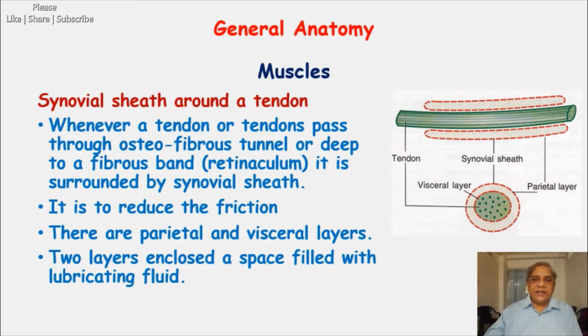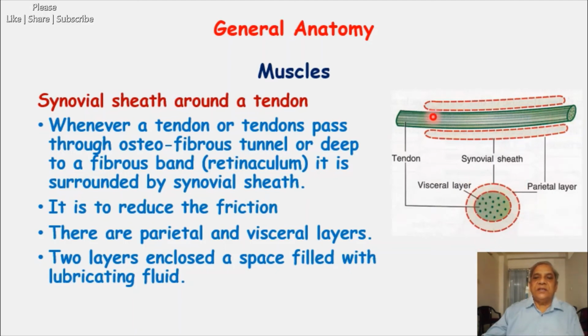In this diagram, you are seeing the arrangement of synovial sheath which is surrounding a tendon, which can be better appreciated in this transverse section of this upper diagram. You can see that synovial sheath is a mechanism to reduce the friction.